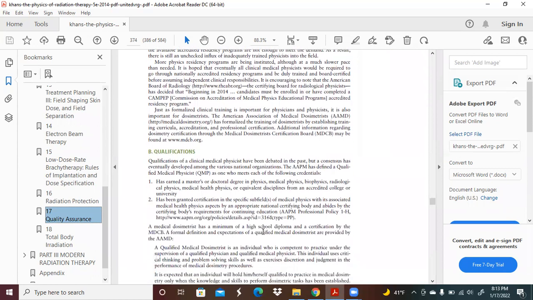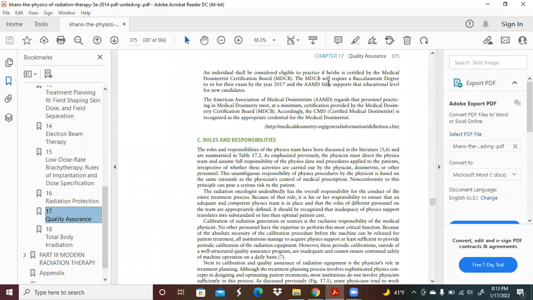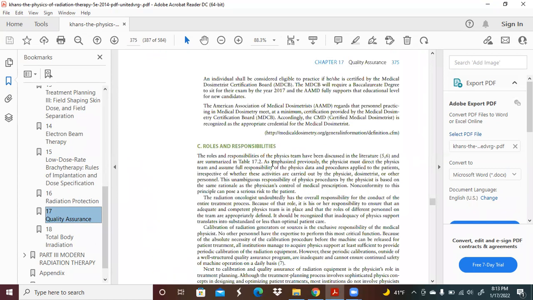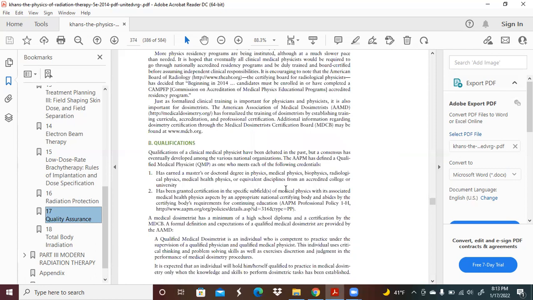Here are the qualifications if you decide to become a physicist. Obviously, they have changed. Most by now will have gone through, or are going to be going through, and gotten their master's degree, maybe a doctorate, and then going on to do some sort of residency. A residency is really where they get the hands-on look for certain things, and a physicist that's been hands-on is going to be worth a lot more than somebody who did self-study and has worked their way into a clinic.